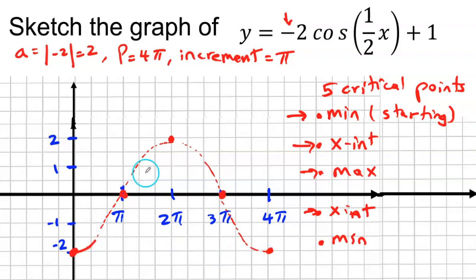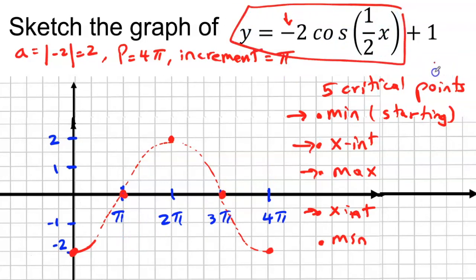All right, now is this the curve that I'm looking for? No, the one that I just did is this. I'm not considering my vertical movement. So to do that, I just move everything 1 up. My initial point goes up 1. Maximum up 1. So this is 3, right? My x-intercept goes up 1.